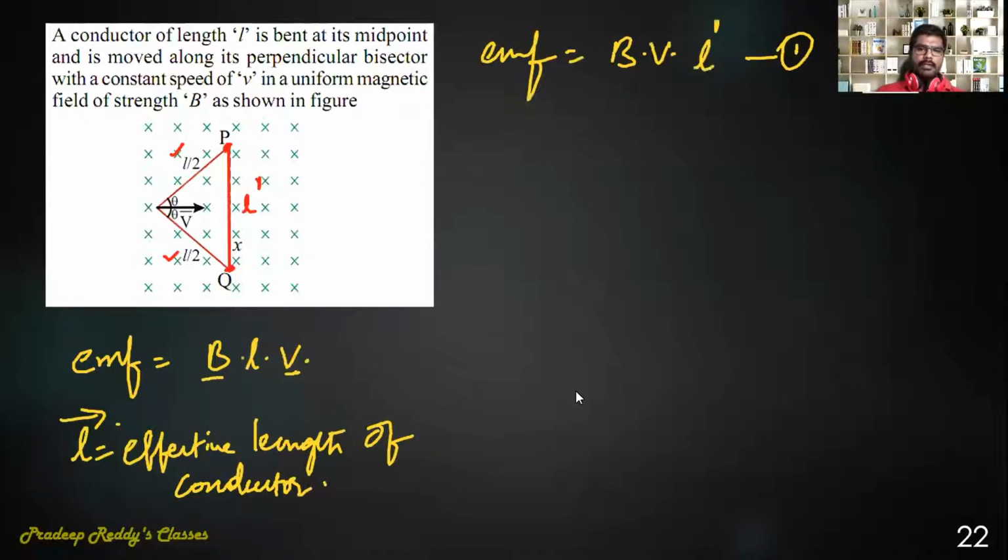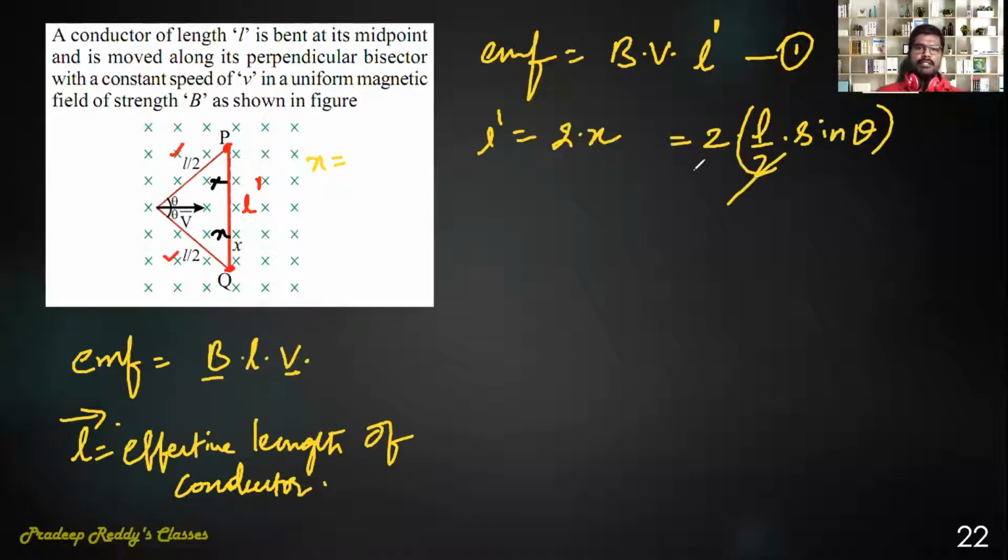Now you can take this length as X, this length as X. How do you write L dash? L dash is equal to 2 times X. But what is X? X can be written as L by 2 into sine theta. This 2 and 2 get cancelled.